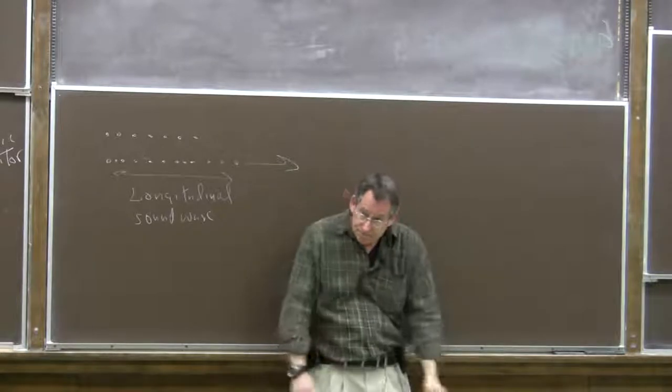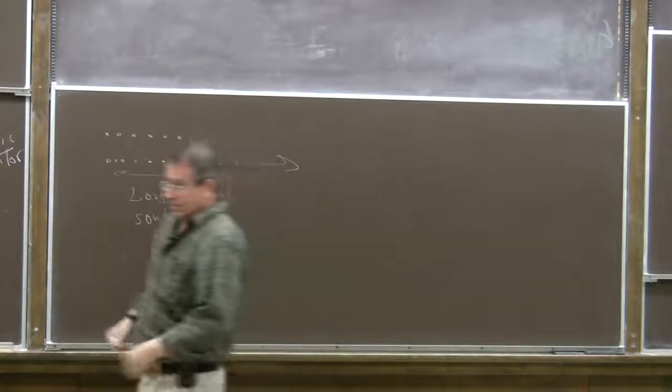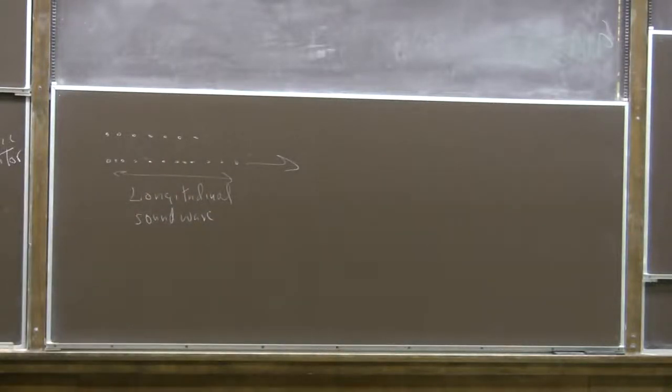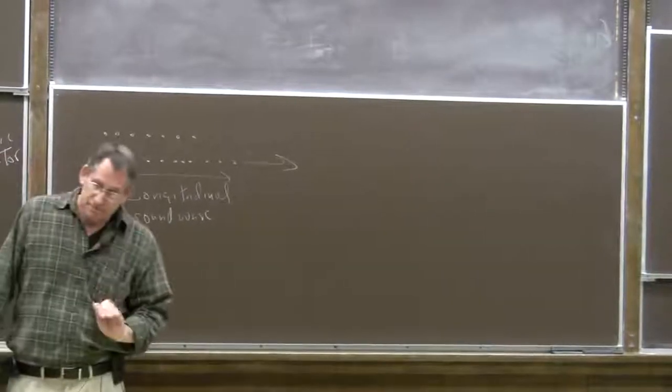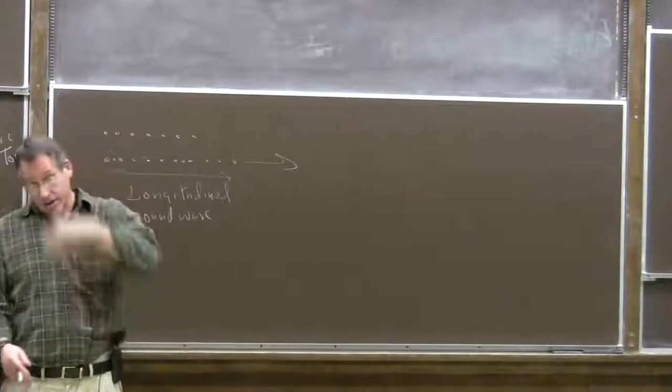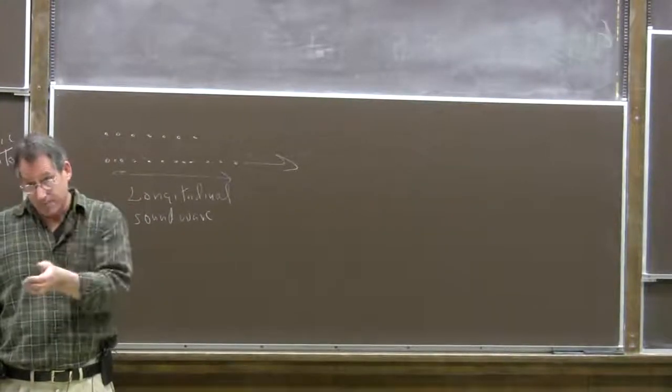Wait, so I was taught that sound waves were only longitudinal. They can be transverse as well, right? Because when we displace the atoms transverse to the direction of propagation, there's still a restoring force from the other atoms.